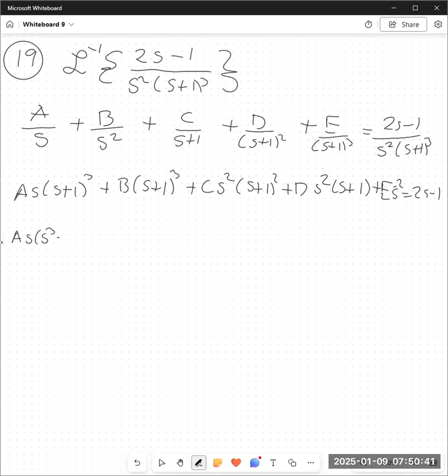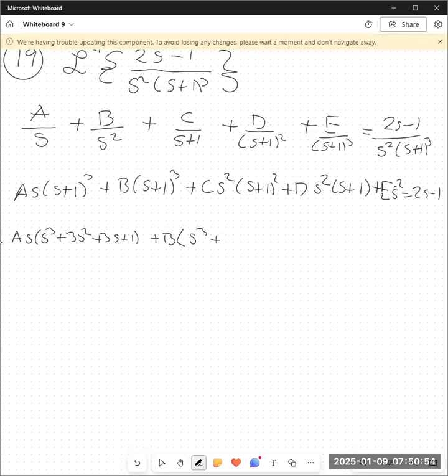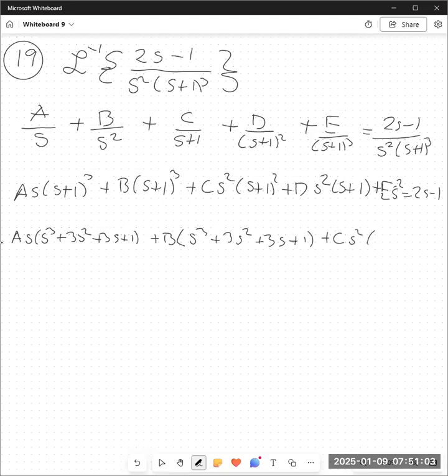As times s cubed plus 3s squared plus 3s plus 1 plus b times s cubed plus 3s squared plus 3s plus 1 plus cs squared times s squared plus 2s plus 1 plus ds cubed plus ds squared plus es squared is equal to 2s minus 1.